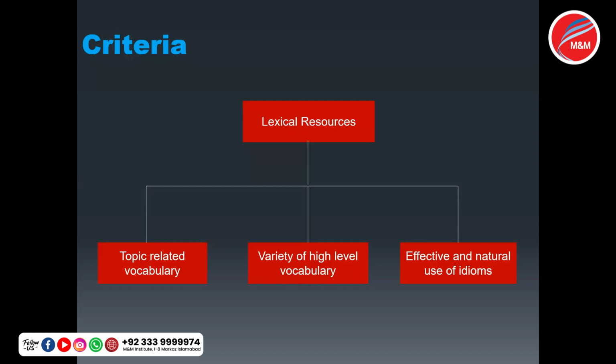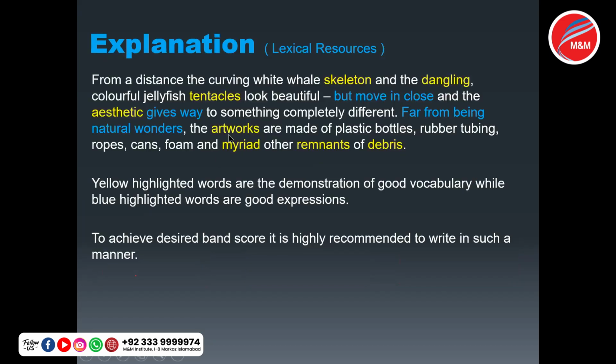You should have a proficient range in the use of relevant vocabulary, right? And third are idioms. You should have an ability to use idioms where it's appropriate. Then we can see how we can use them.